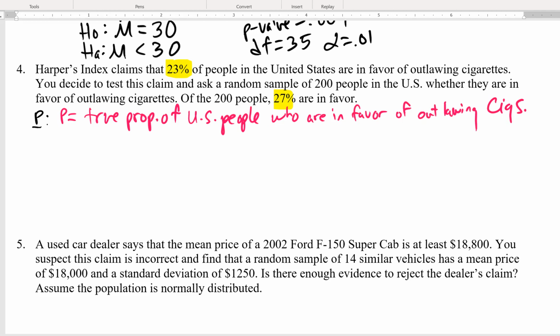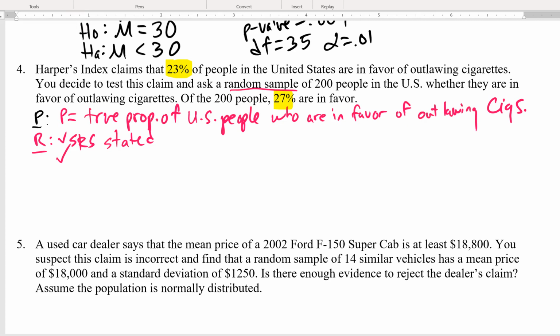Okay, what are the requirements? Data should be collected randomly. Right there, that makes it met. Second, somebody's going to tell me that n is greater than 30. No. This is a proportion question.